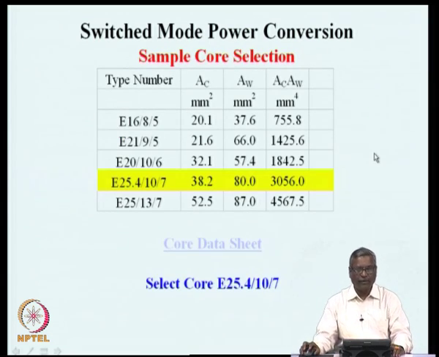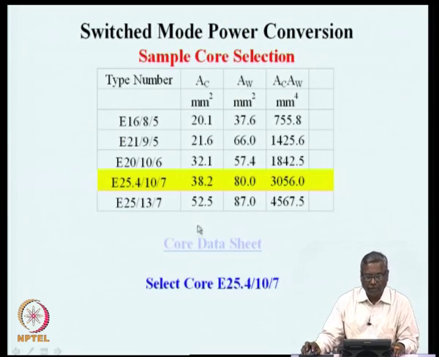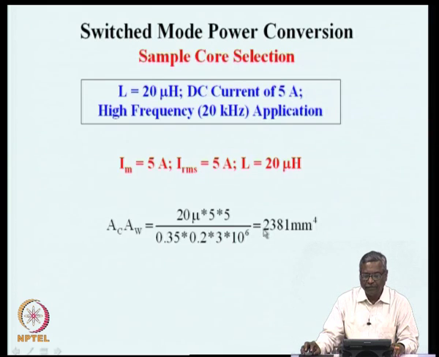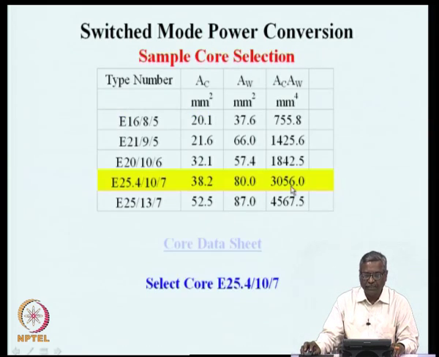Let us look at some of the cores that are available. What I have here is a spreadsheet for different type numbers of cores. The core area, window area and the product are all listed, and for the example that we have seen, we require 2381 millimeter power 4. If you see this table here, this core has an area product which is less than what we want, this also has something less, and this also has something less.